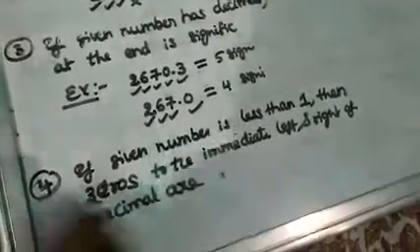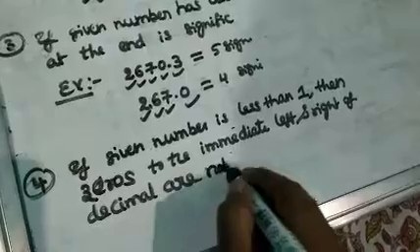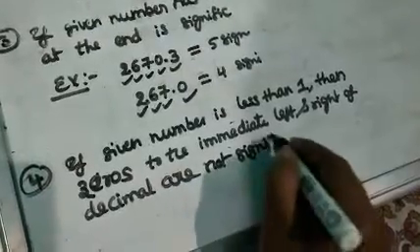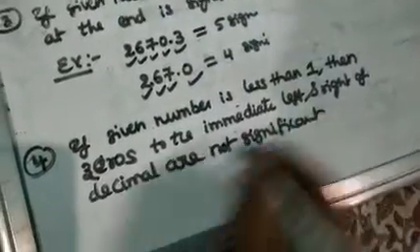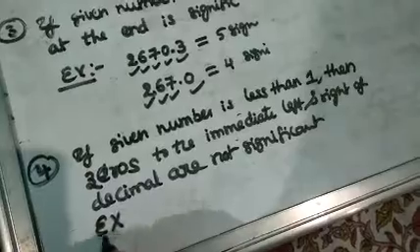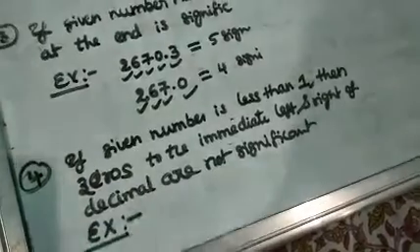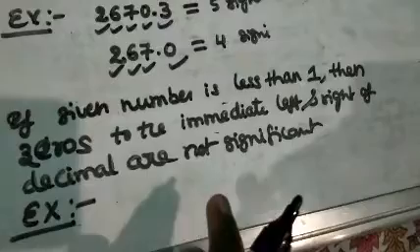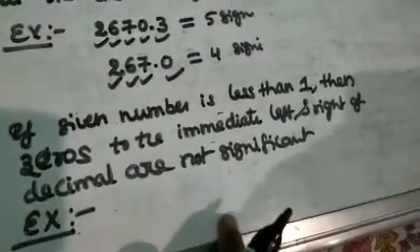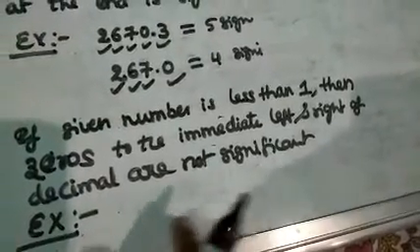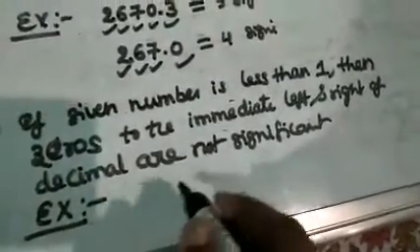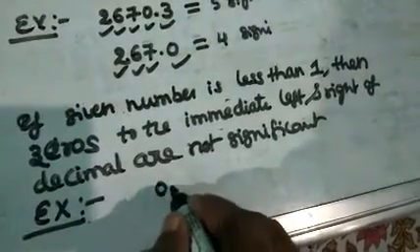This sentence you have to understand. What is this rule? A given number less than 1 means 0 point something like that. So the zeros to the left of the decimal and right of the decimal, the immediate zeros, they are not significant. I will give you the best example. Everyone has to remember.